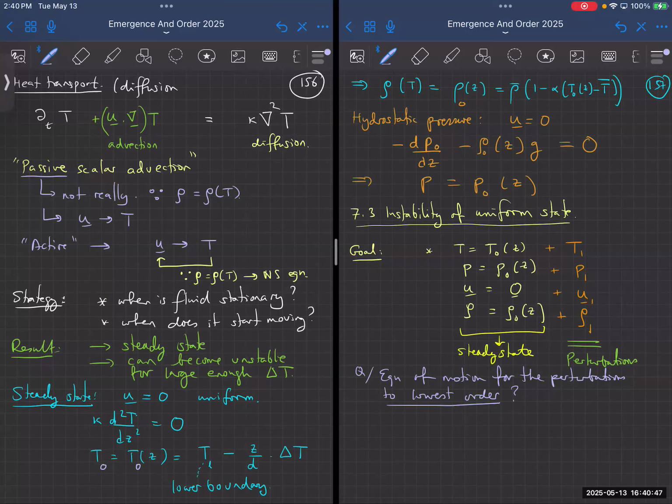So our hope is that by linearizing, we can understand what happens. And the real question is, once we've got that equation of motion, do these perturbations die away? And that means we get back the stationary state.